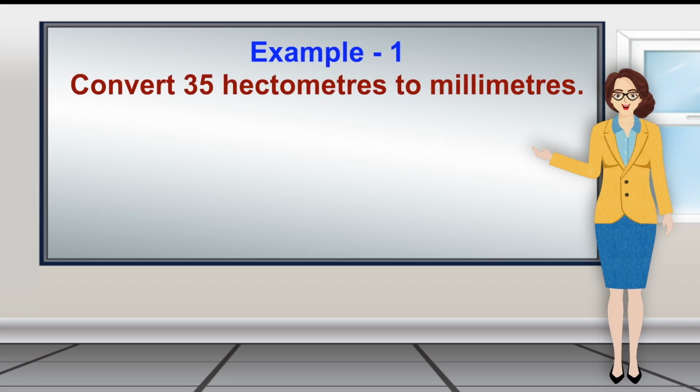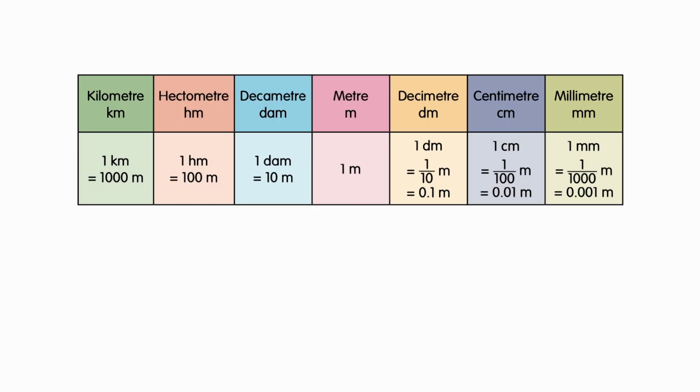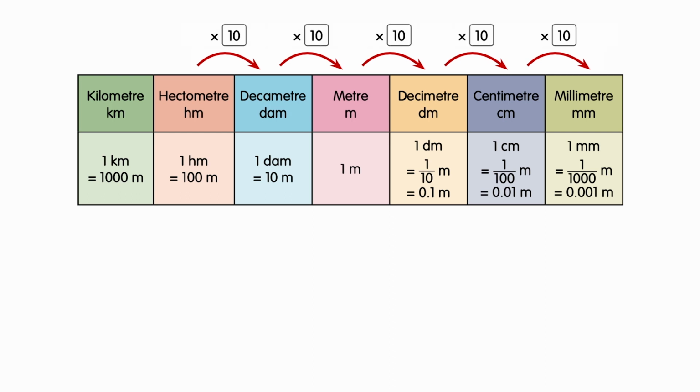Let us learn about conversions in length, weight and capacity by converting measurements from a bigger unit to a smaller unit. Example 1. Convert 35 hectometers to millimeters. Observe the table of units of length from hectometer to millimeter. See the 5 curves to the right on the length chart. That means to convert a hectometer unit into a millimeter, we multiply the number by 5 times 10.